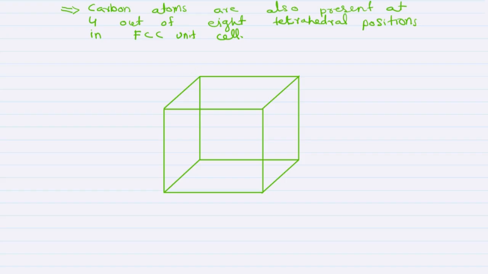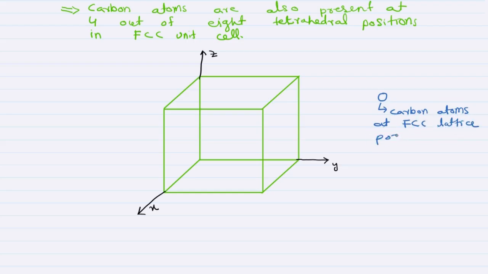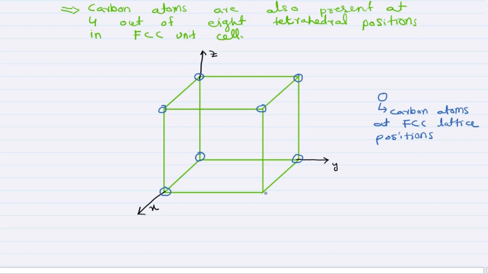unit cell. So this is a cubic unit cell, and this is your x-axis, in this direction is your y-axis, and this is your z-axis. If this blue circle indicates the carbon atoms at FCC positions, lattice positions, so we will have one atom at each corner and one atom at the face centers of all the 6 faces.